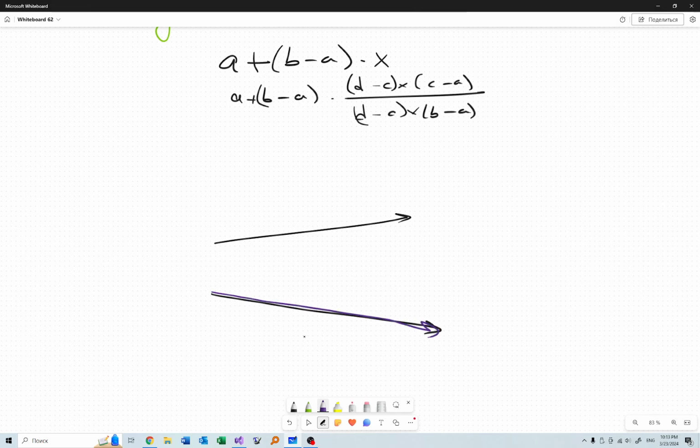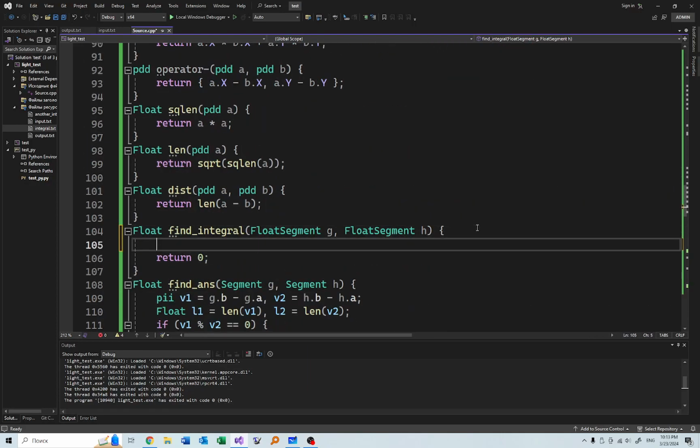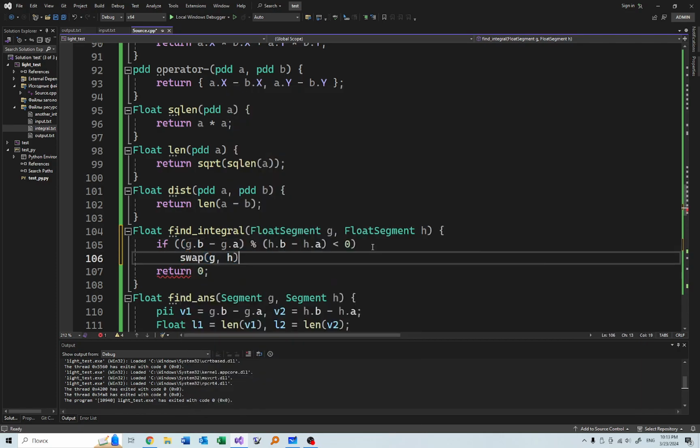Firstly this, and then this. And this is quite easier. So if GB minus J cross HB minus HA is less than 0, we need to swap G and H.